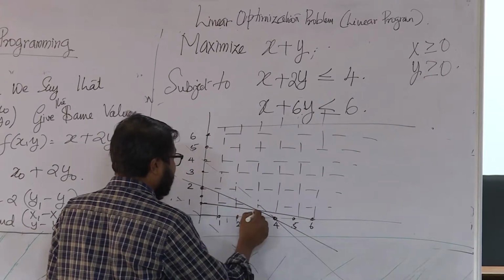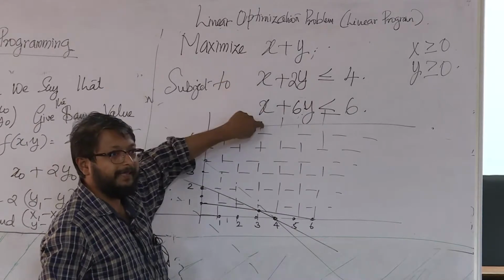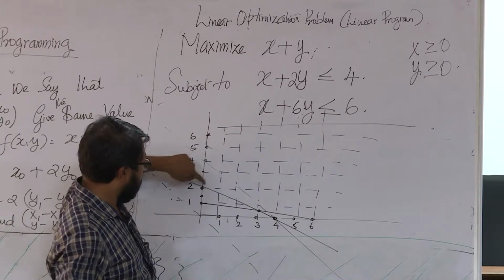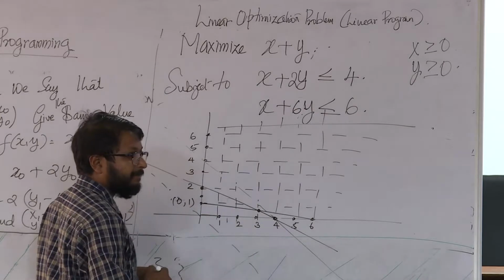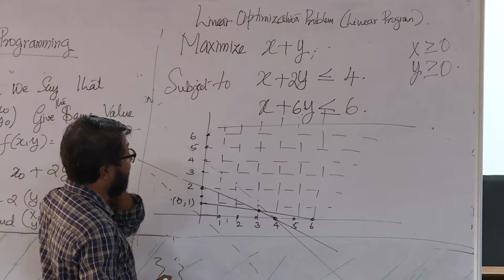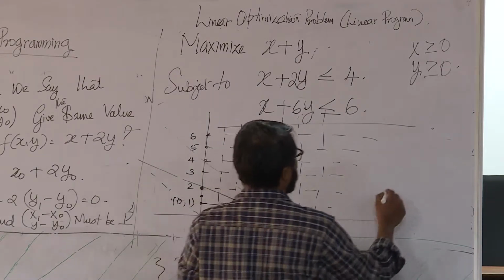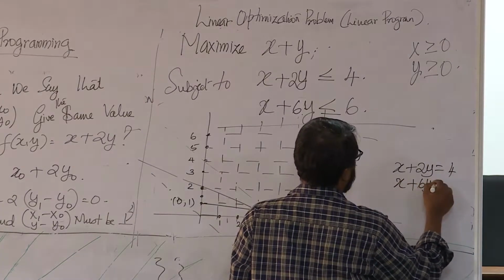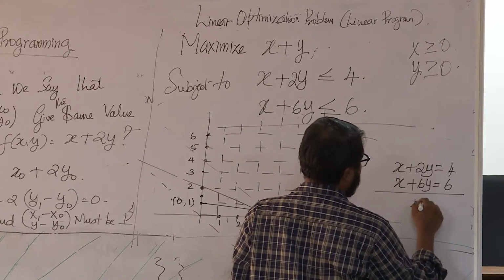Now, what is the region which is satisfying these two constraints? This is 0, 1. What is this point? According to my picture it is 3, but actually it could be something else. I'll have to solve this. x plus 2y equal to 4 and x plus 6y equal to 6 gives you, after subtraction, 4y equal to 2.